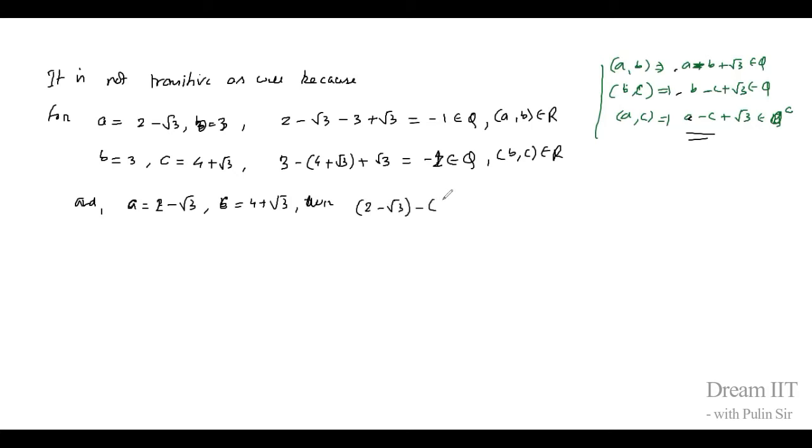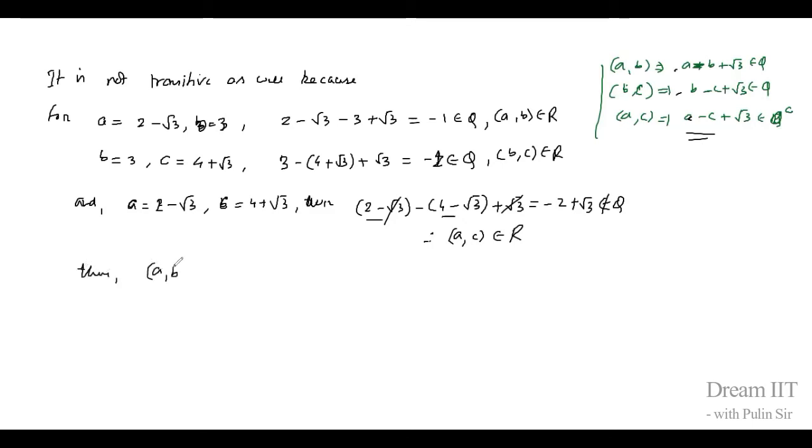This is A minus C. So what is the answer here? 2 minus 4 will give you minus 2, and only one root 3 will be cancelled, and the other root 3 will be left out, plus root 3. That says it doesn't belong to Q, right? Therefore this doesn't belong to R.